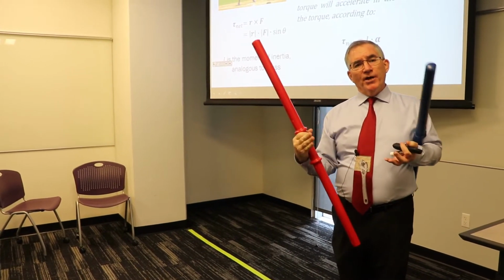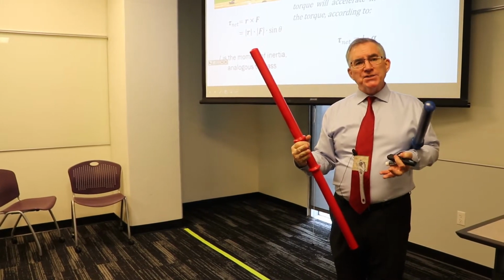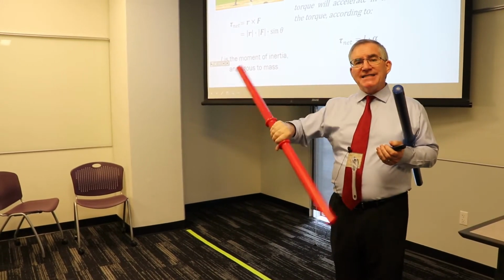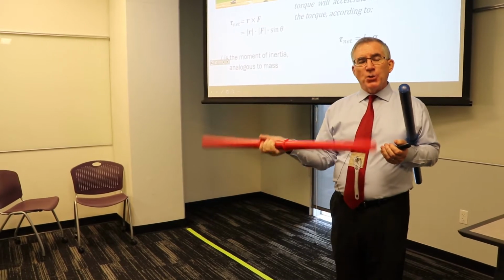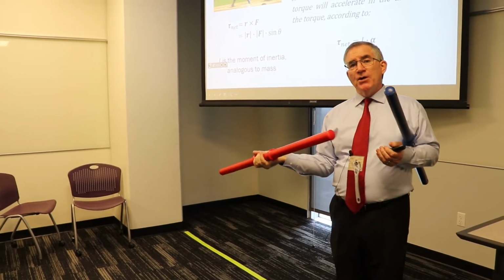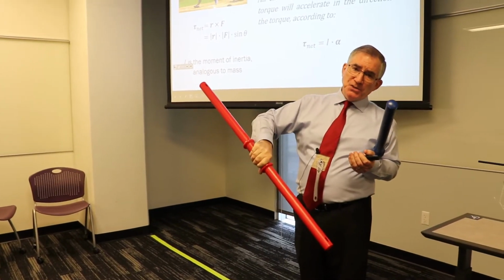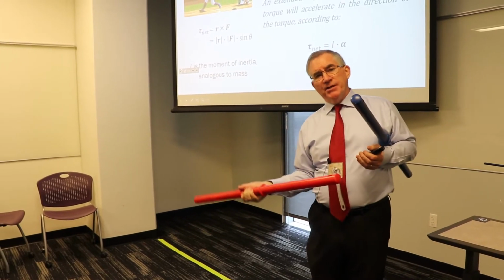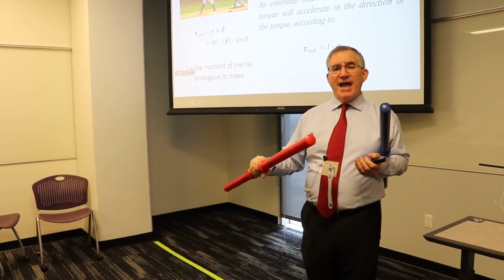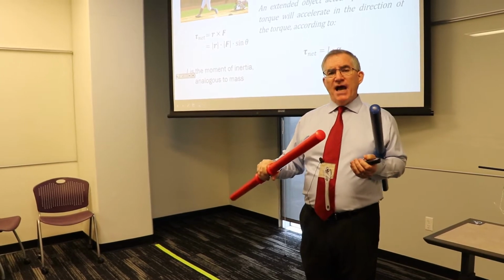So when we deal with torques, making things accelerate in angle, torque's all about rotational forces. Rotational forces produce angular acceleration, which we use the same letter a, but we use the Greek letter alpha.